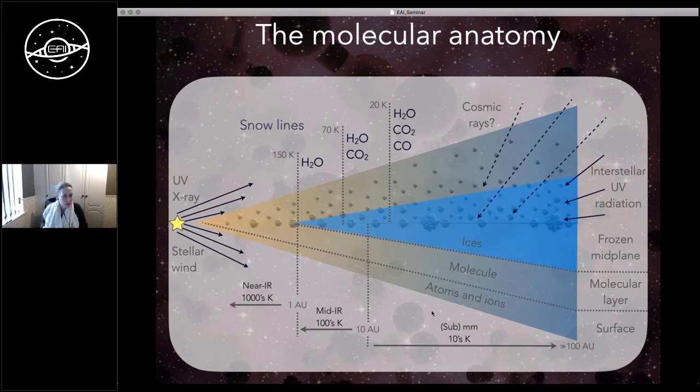And those rotational transitions are excited just at the temperatures of the outer regions of the molecular layers of disks at a few tens of Kelvin. So this is what I'm going to focus on today: what we're learning from high resolution submillimeter or millimeter spectroscopy of disks.